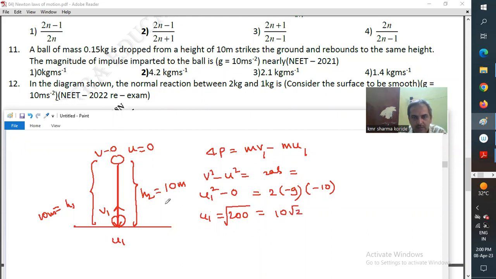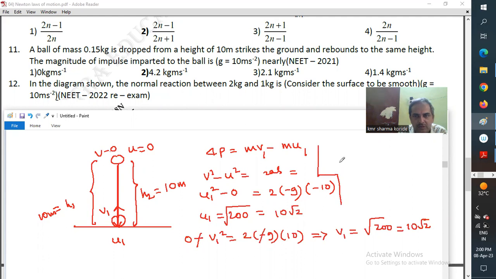Similarly, while going upwards, the final velocity is 0 and it starts with initial velocity v1. Since going upwards, g is negative, but h2 is positive, that is 10. So minus minus cancel, and you will get v1 is also root 200, which is also 10 root 2.